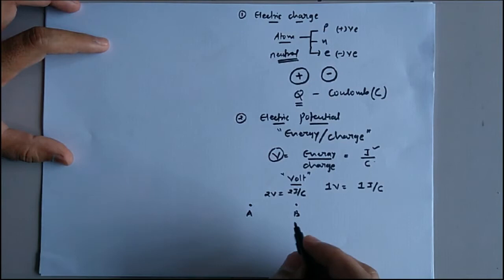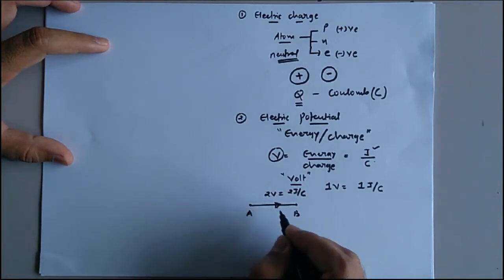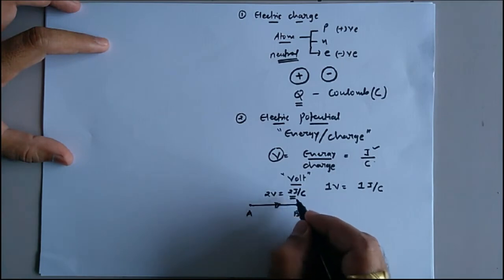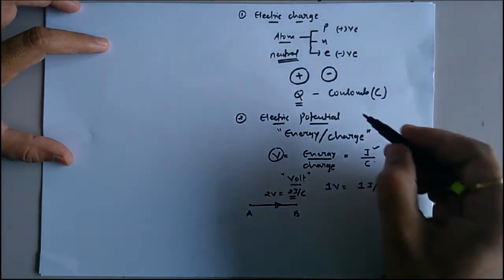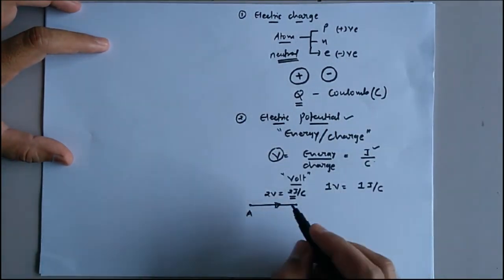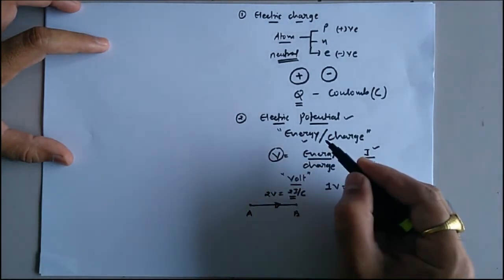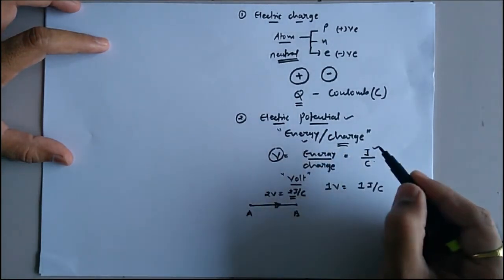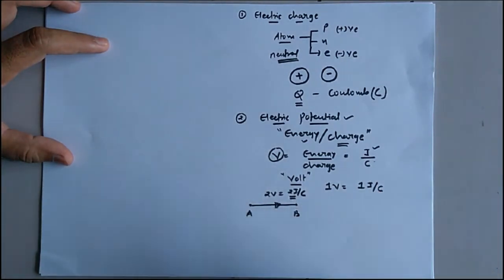That means in order to move a charge from point A to B, 2 joule of energy is maintained on each charge. That is the significance of electric potential. So electric potential is nothing but how much amount of energy is maintained on each charge. So that energy is nothing but electric potential.